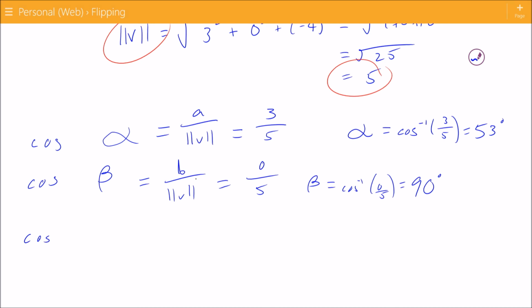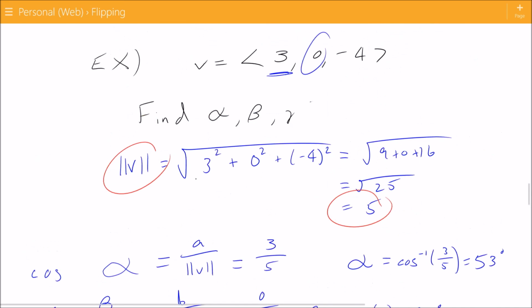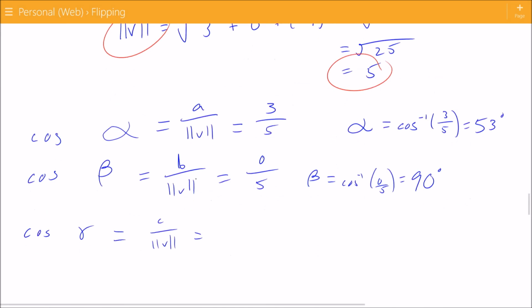Lastly, cosine of gamma is going to equal, I apologize for the bad gamma, it's not my best penmanship, go back, grab c, that's -4, so -4 over 5.